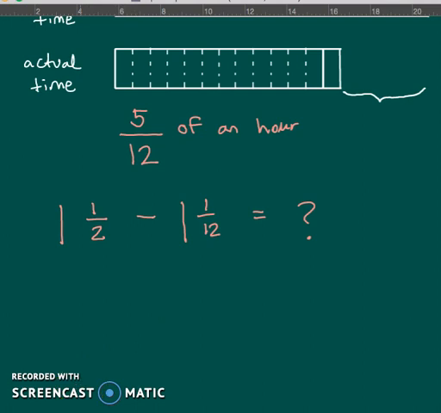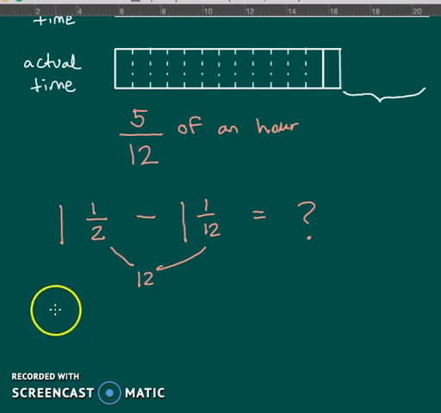We will need them to have a common denominator, which means that we'll have to find the lowest common multiple of 2 and 12, which is, if you take a second to think about it, 12. So we need the denominator of both of these to be 12. And we can leave the fractions as mixed if we want to, which means that we can leave the 1 in the front.